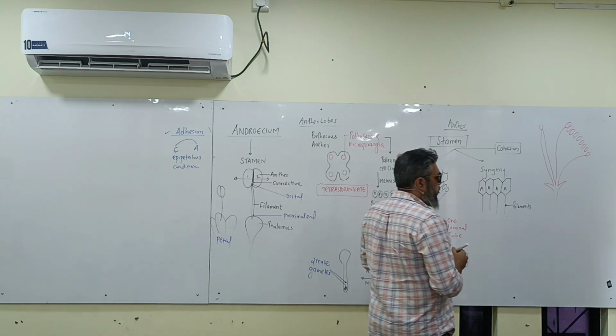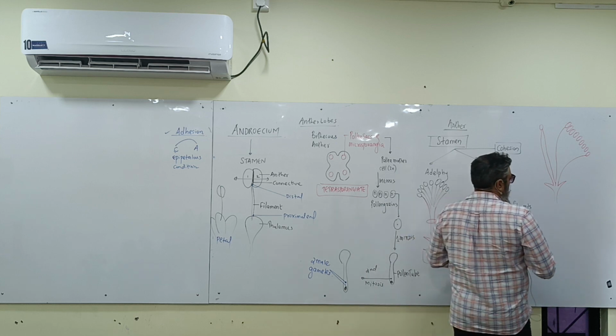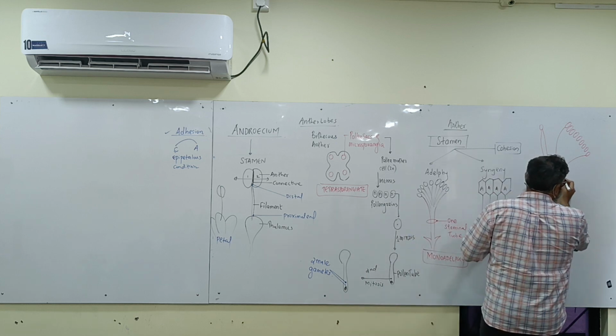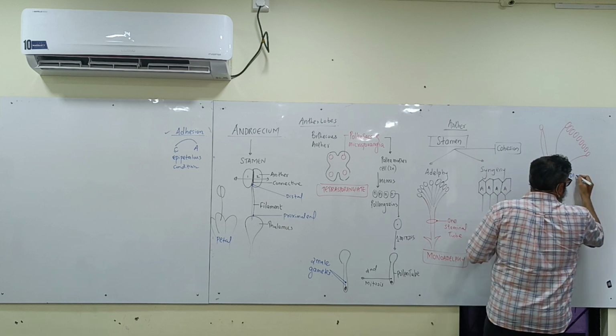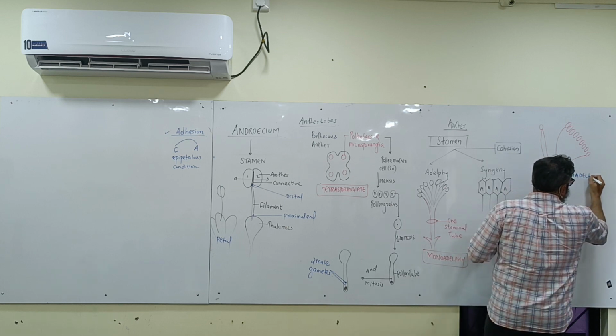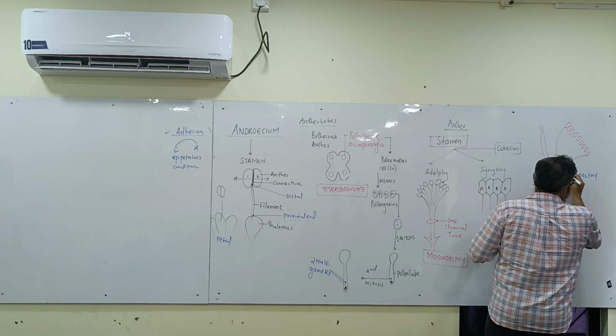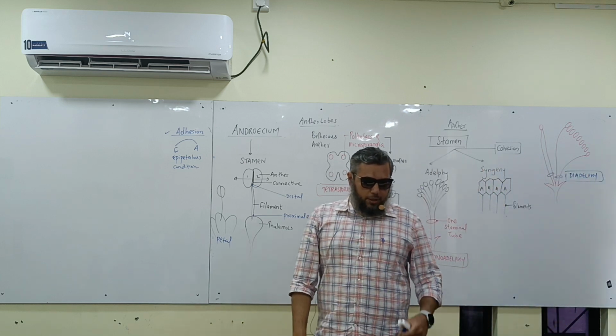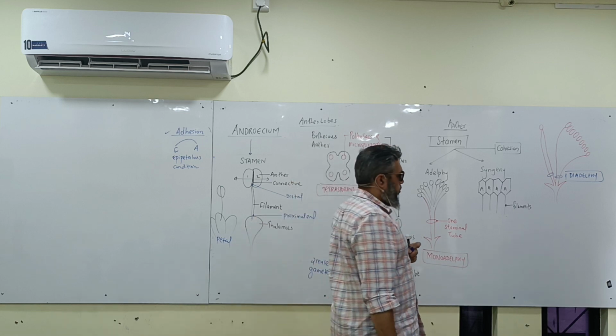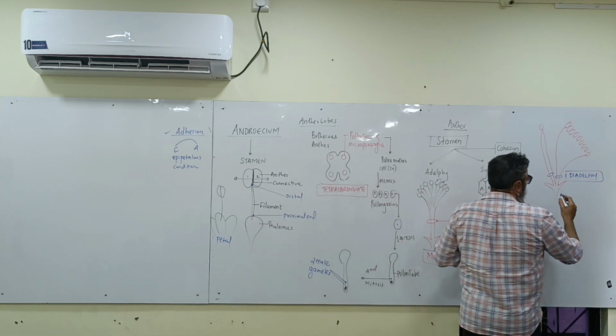So how many staminal tubes do I see here? 2 staminal tubes. Correct? Yes. So that is why the condition is called diadelphi. Did the class follow what is diadelphi? Yes. So in a diadelphous situation, how many staminal tubes are there? 2 staminal tubes.